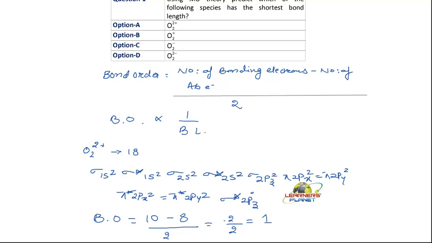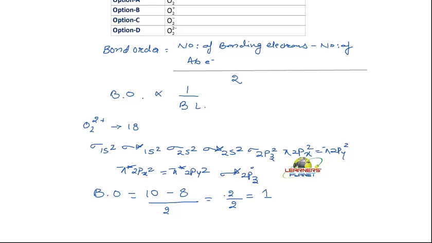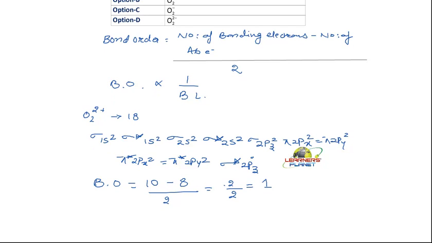So students, I think I have committed a mistake here. It's O2 2+, which means there are 2 electrons less, not more. I have increased it. It should be 14. I'm sorry, students. I'm really sorry. It should be 14, right?